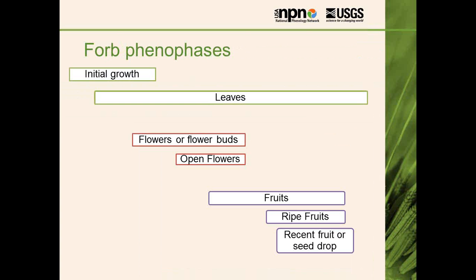And that you would report up until when you started to see leaves on the plant. And then once you started to see leaves that were unfolded, you could report both initial growth and leaves until the end of the initial growth phase. And then once all of the leaves were unfolded, you would just report leaves for the rest of the season. And then for the flowers and the fruits, these are the same as for the deciduous tree phenophases.